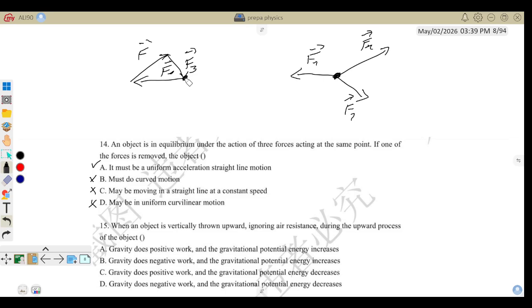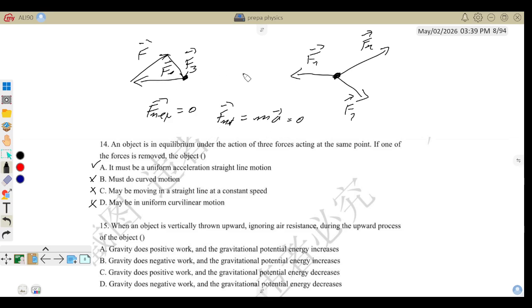This gives a closed triangle, which means we're getting back to the initial position. So F net would be equal to 0. And what we know as Newton's first law, F net is ma. If F net equals 0, that means the acceleration is equal to 0 as well.